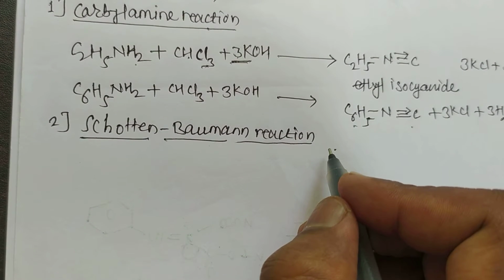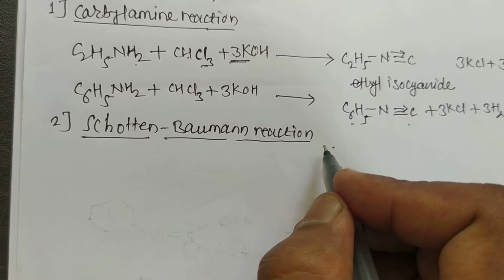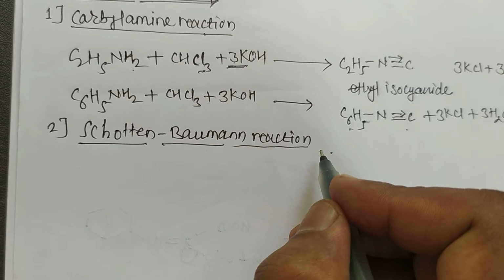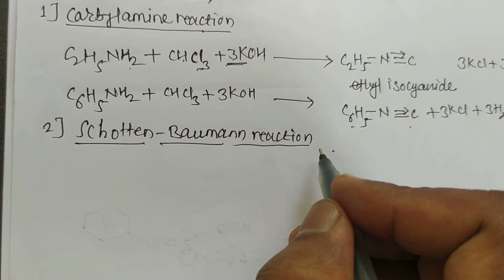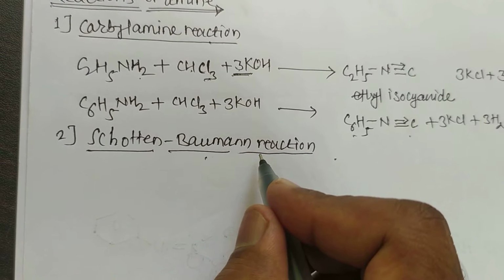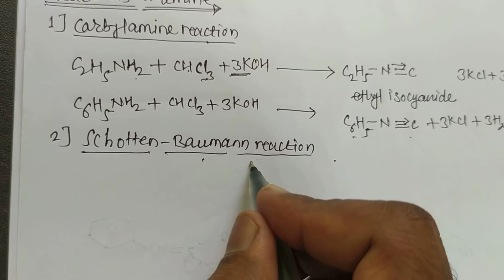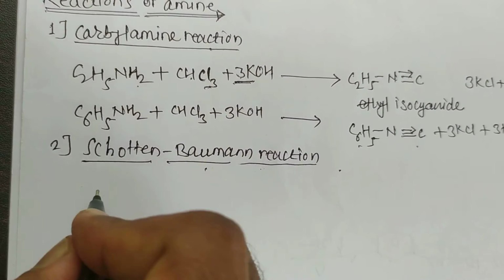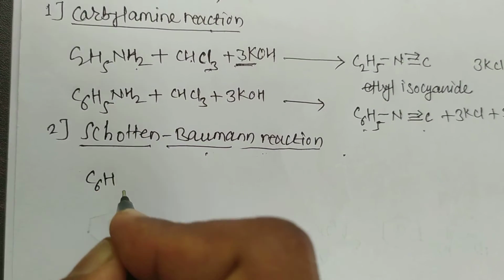But this reaction is not useful with aliphatic acid chlorides, means the Schotten-Baumann reaction is carried out only using aromatic acid chlorides.